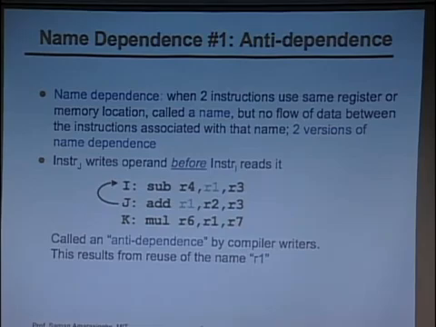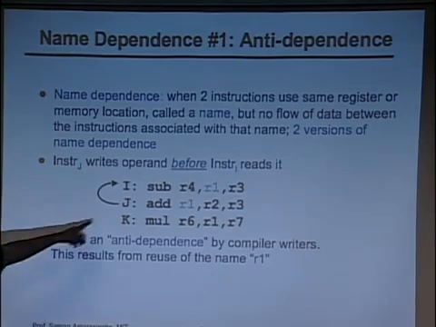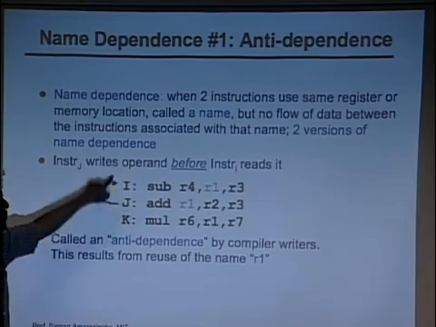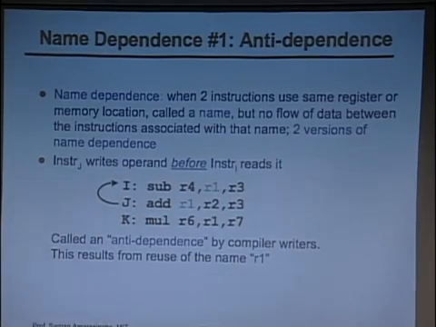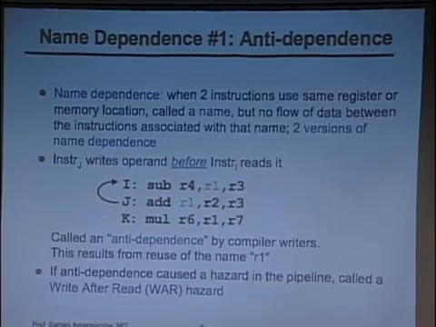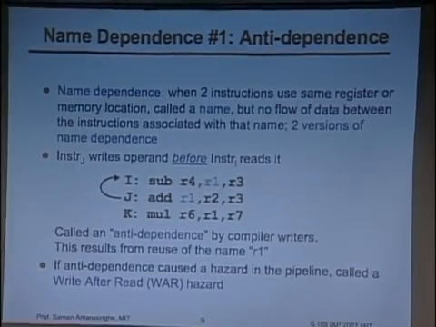So I have to wait until the reading is done before I do this new write. That's called anti-dependence. It means we have to wait to run this instruction until the previous one is over. You can't do it before that. This is called a write after read hazard in architecture jargon.